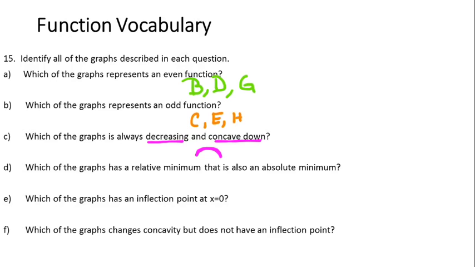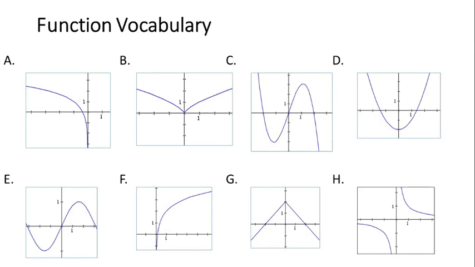So let's look at our graphs, looking for always decreasing and always concave down. This first graph is certainly decreasing always, and the curve is opening down. So this graph meets those two characteristics.